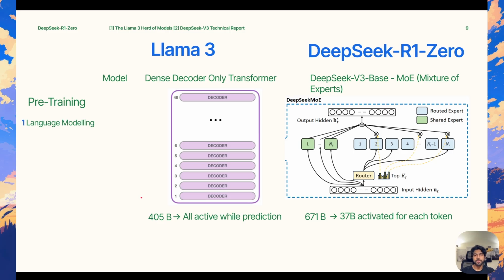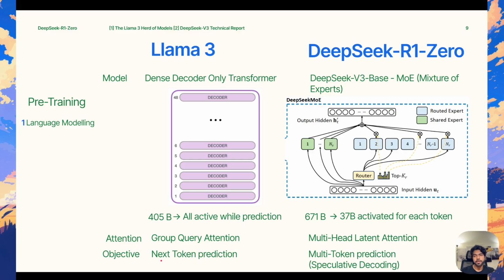You should be aware that transformers, specifically the decoder, are the building blocks of both of these models. But are they the same? Apparently, no. LLaMA 3 uses group query attention, whereas DeepSeek V3 base uses multi-head latent attention. Another difference comes in how the pre-training is performed.